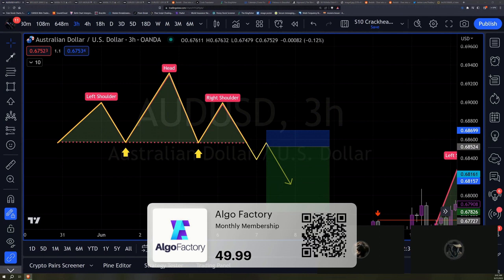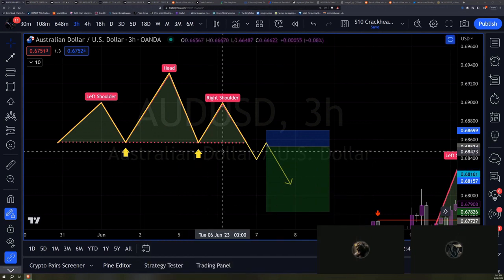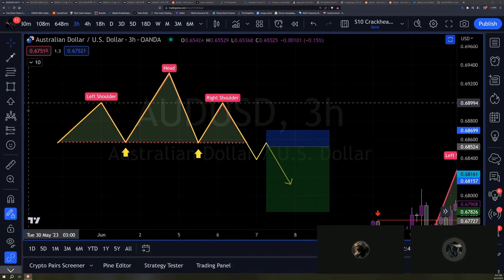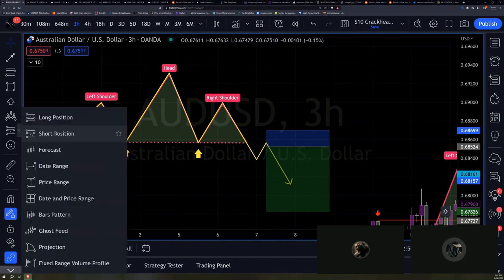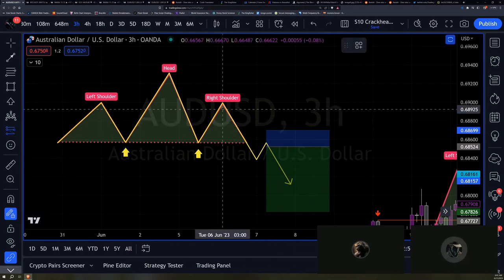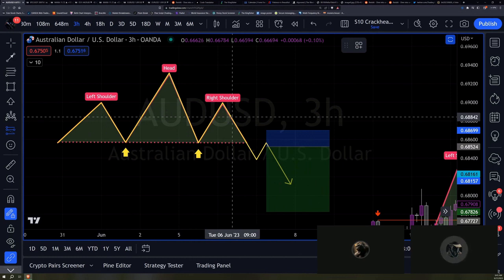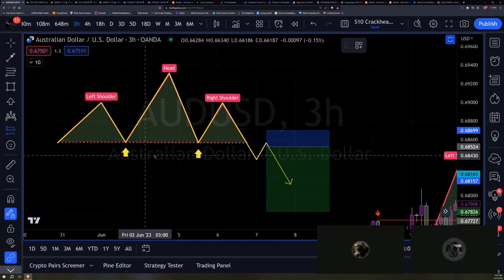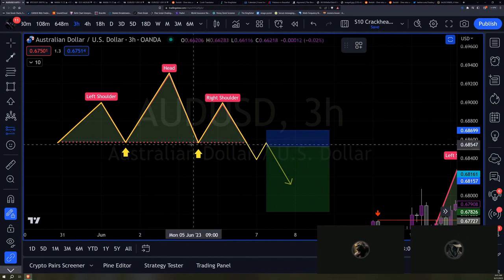So, back to the lesson at hand. What happened here is my algo gave me a lot of confidence to enter a little bit early, before the neckline. Because if you have a shoulder that's formed and you enter after that shoulder, it's a risky trade, because you're literally trading against structure.